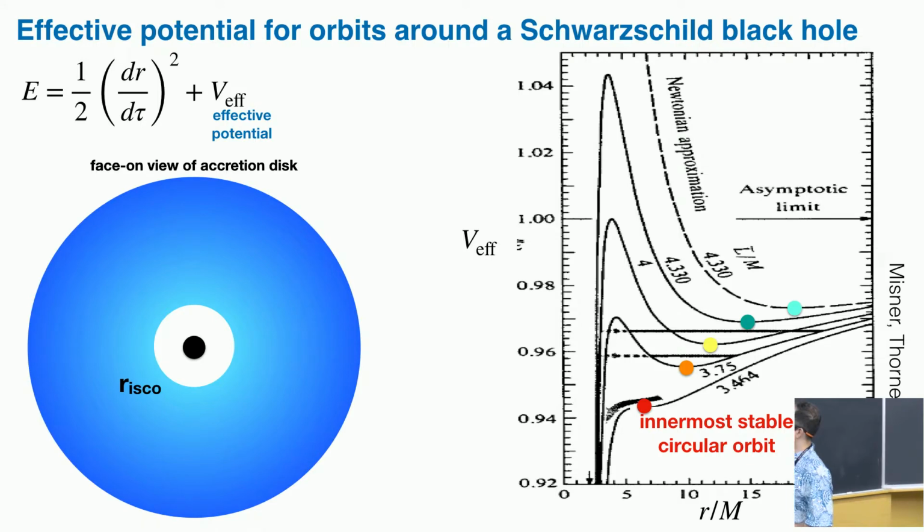Material inside the ISCO will ballistically fall onto the event horizon. So it's a hole in the accretion disk. You can understand all of this with this effective potential. This is a simple concept, but it has profound implications for black hole astrophysics.